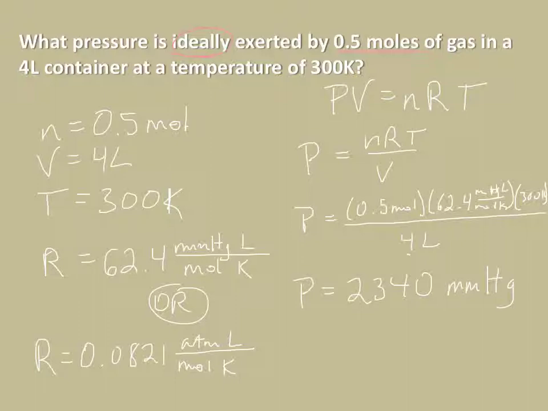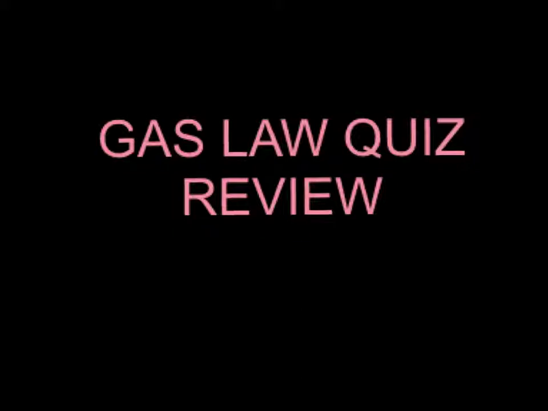If you work it in atmosphere, the answer is 3 atmosphere, which is consistent with converting 2,340 millimeters of mercury to atmosphere by dividing by the standard of 760 millimeters of mercury. This is the ideal gas law. I hope that running through some sample problems helps you to prepare for your gas law quiz.